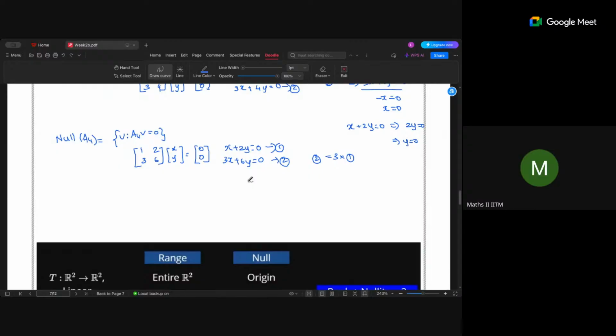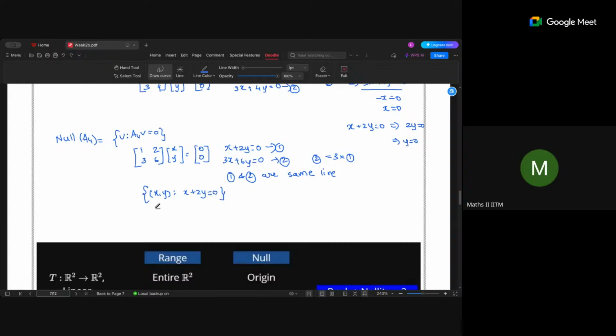So both 1 and 2 represent the same line, right? In that case, you are looking at all the points on the line x plus 2y equals 0.